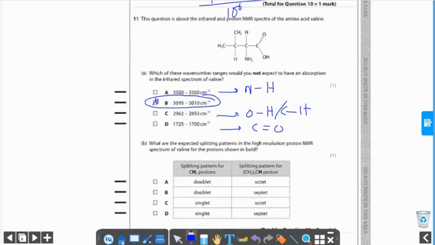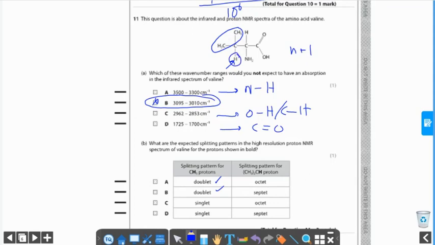What are the expected splitting patterns in the high resolution proton NMR spectrum of valine for the proton shown in bold? Splitting pattern for the CH3. Both the CH3 give only one peak. Adjacent carbon has one hydrogen. So N is 1, N plus 1 rule. N is 1, so 1 plus 1 is a doublet, 2. And the CH: which CH is this? On the CH2 attached CH, this CH.